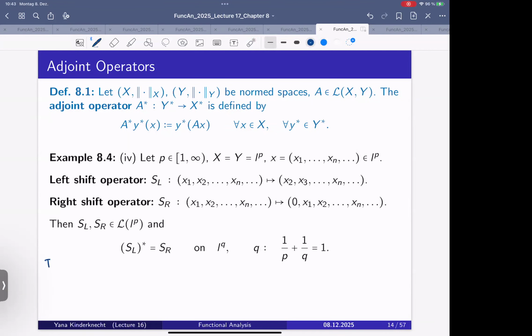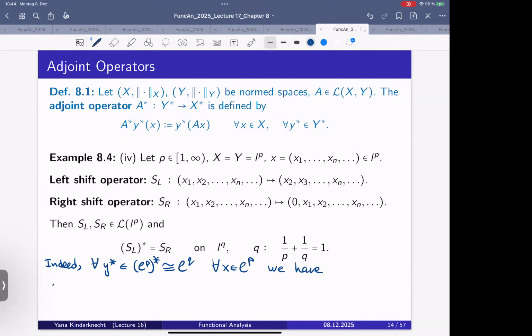So indeed, for any y star, which is an element of the topological dual to LP, but we know that this is isomorphic to LQ, and for any x in LP, we have, so I have taken this y star from y star and x from x, and I use this formula.